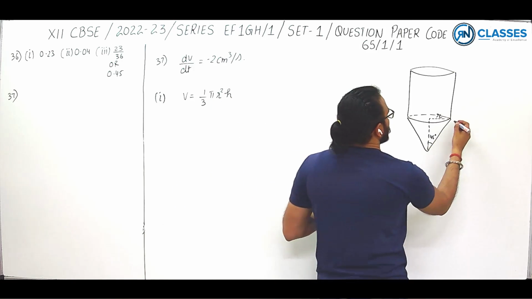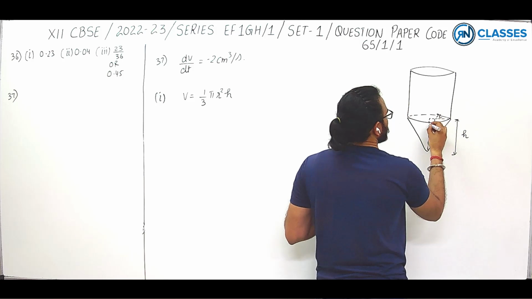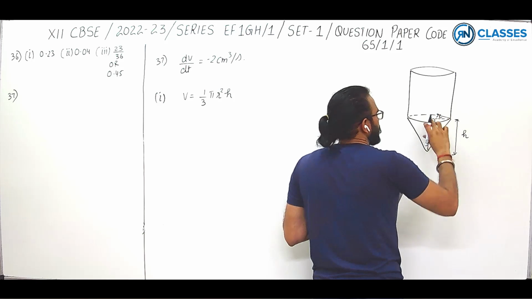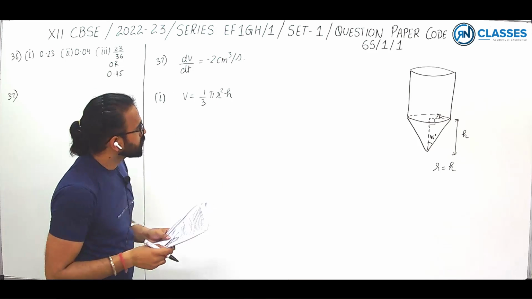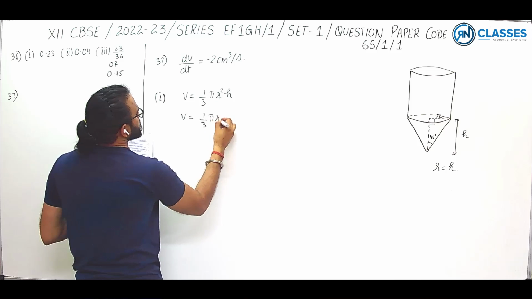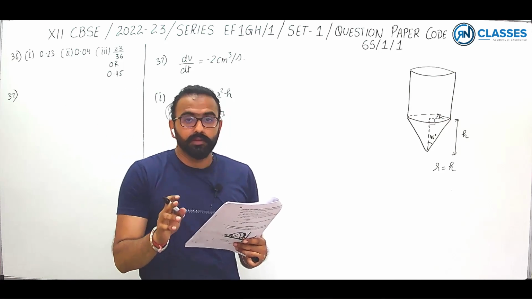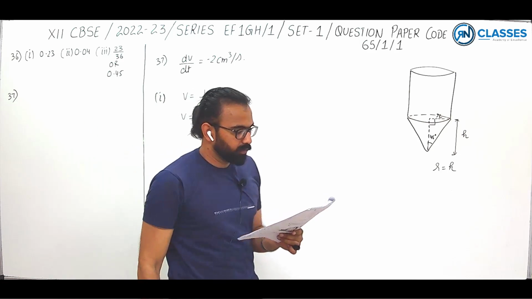And if you notice, if I assume this height h, since in this right angle triangle this angle is 45, it means this length must be equal to this length. Meaning r must be equal to h. So from here we can write this volume as 1/3 pi r square into r, that is 1/3 pi r cube, and along with this we will definitely write the unit, centimeter cube.